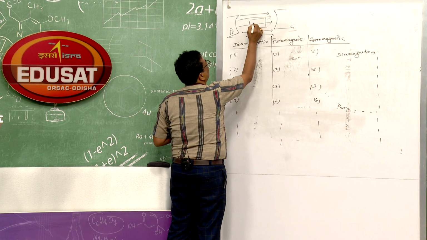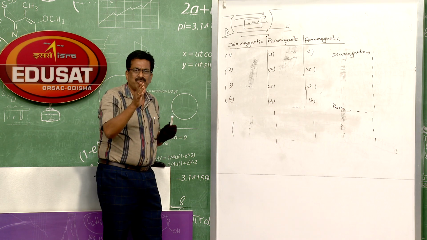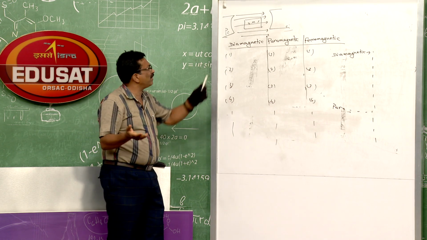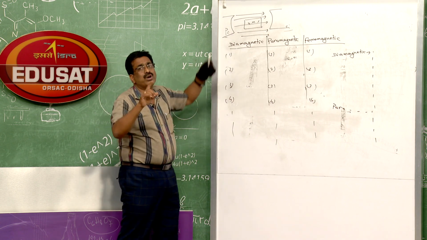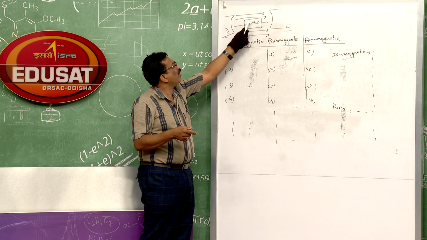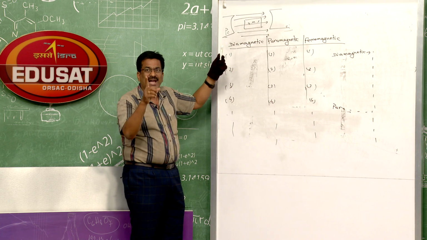This is the diamagnetic substance, and the lines of force go out of it. Why? Because the substance repels, so the lines of force are not attracted towards it.